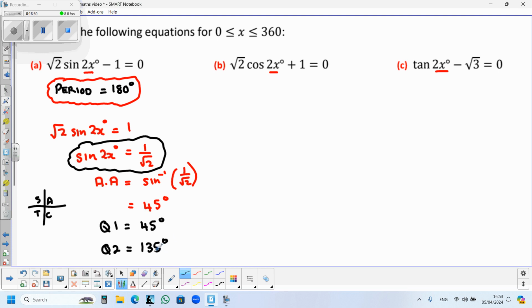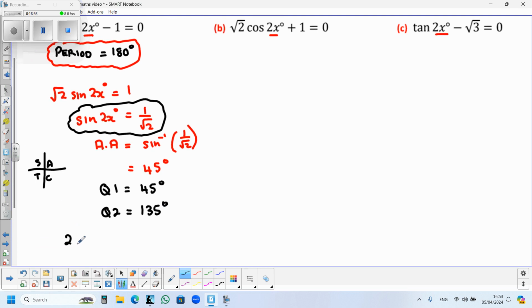Now, normally, you would be finished at this point, but it's not x that's there, it's 2x. So what you have to do is say, well, 2x is equal to 45 degrees, or 2x is equal to 135 degrees. And then you've got to work out what 1x is, so you divide by 2.